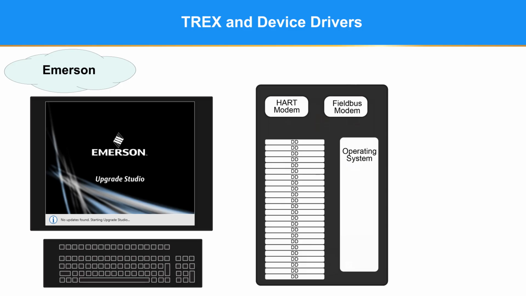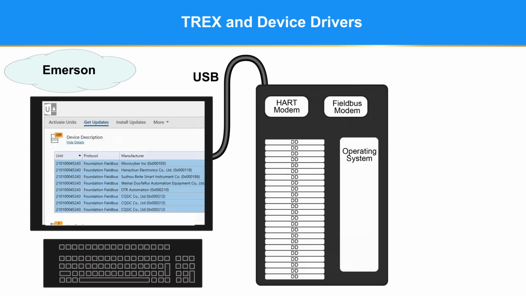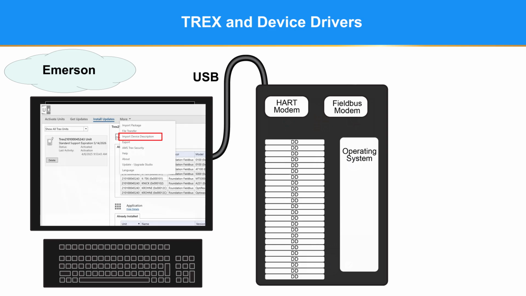It connects to the TREX using a USB cable. It allows the user to get updates to the operating system, DDs, and apps, download updates and apps, and also manually download DDs. So anytime a customer is needing an update to access new functionality or a new DD, the first question to ask is if they have an Emerson My Account and Upgrade Studio.